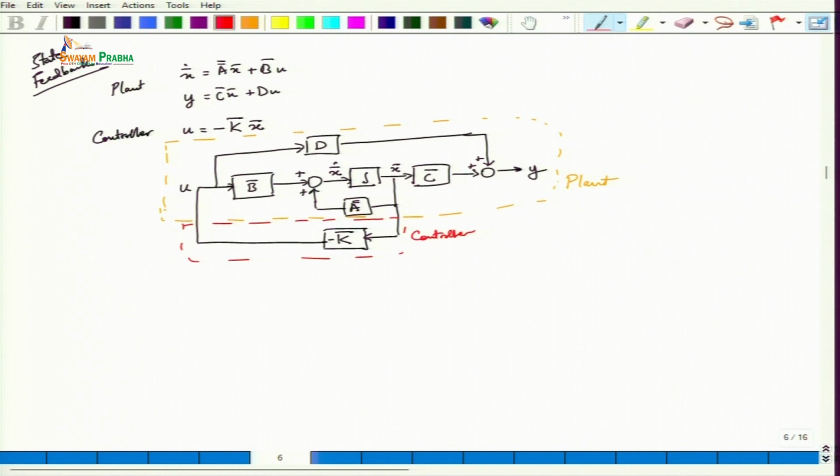So now we have this controller equation, so let us substitute it back into the state equation for the plant. What we'll get is x dot equals Ax, and instead of u we'll substitute minus Kx, so we'll get minus BKx.